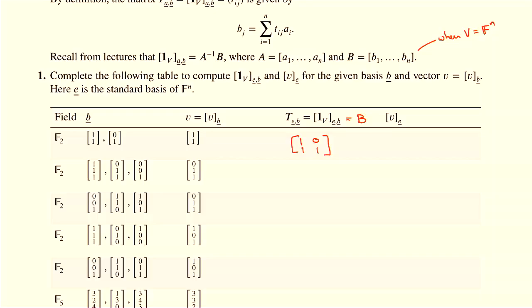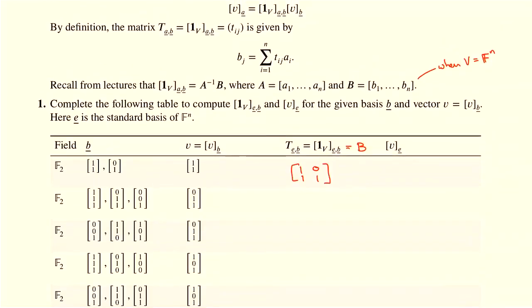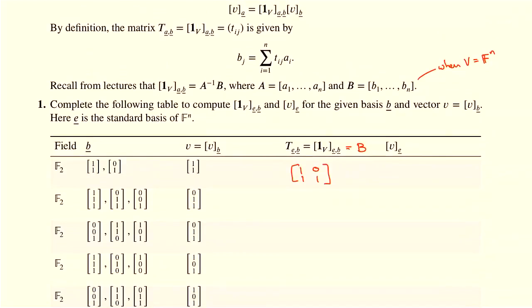We just use our little formula right at the top there. V in the basis A is just this transition matrix times V in the basis B. So this is none other than our B times the V_B that we're given. There's almost nothing to do.